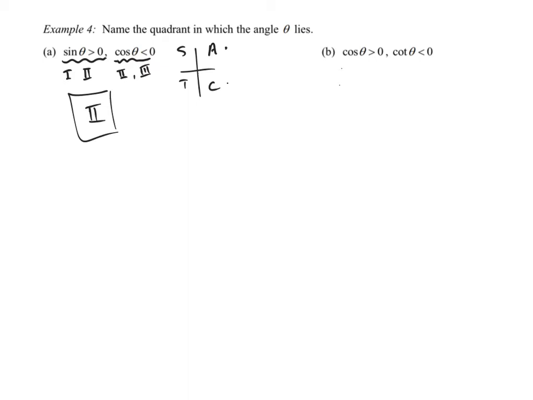Okay, in letter B, kind of the same story. This time I want cosine to be positive. And so that's going to happen in either quadrant 1 or quadrant 4. And then cotangent to be negative. Well, I know that if cotangent is negative, that means that tangent theta is also negative. And tangent is going to be negative in quadrant 2 and quadrant 4.